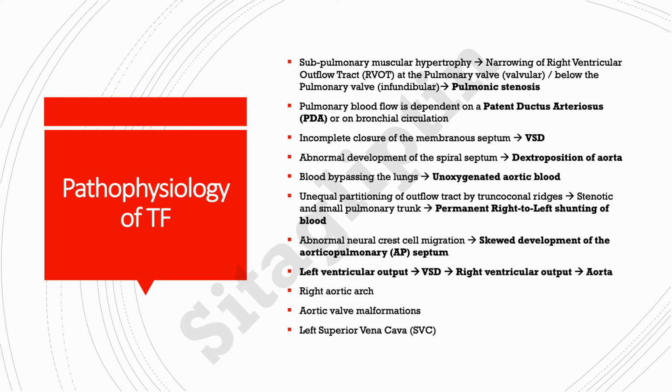Moving on, the blood would fill the left ventricle, and it would move via the VSD, the ventricular septal defect, into the right ventricle. Okay, so instead, what happens in a normal heart is that you have the right ventricle.